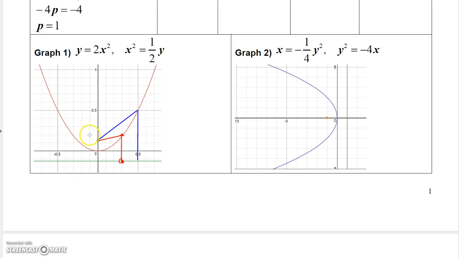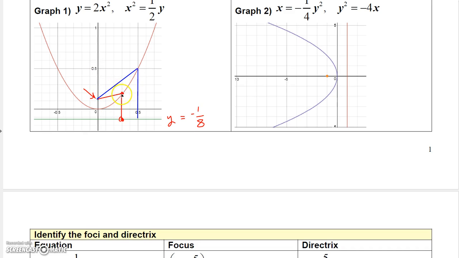If you'll remember, the p point was right here. That was called the focus, and that point is the point (0, 1/8). And this line down here is called the directrix, and actually this is the line y equals negative 1/8. Now, if you took every point on this parabola, and obviously I won't do that, I'll just take a couple of points.